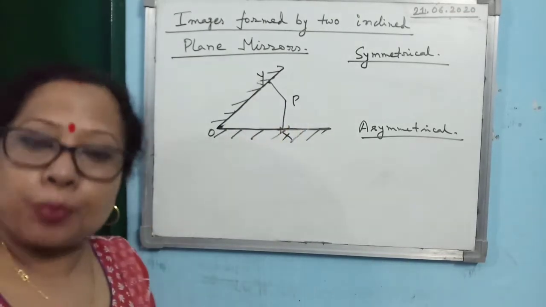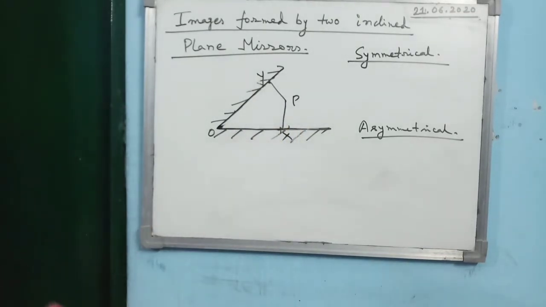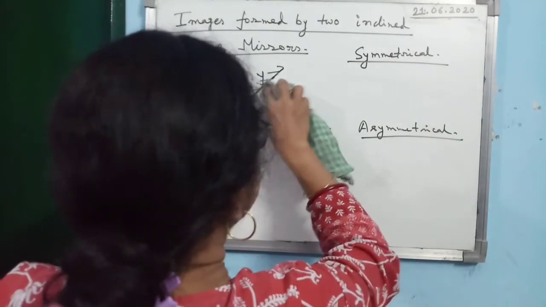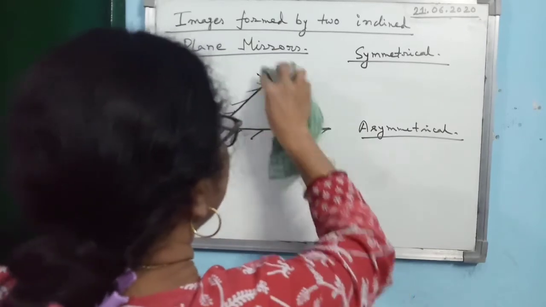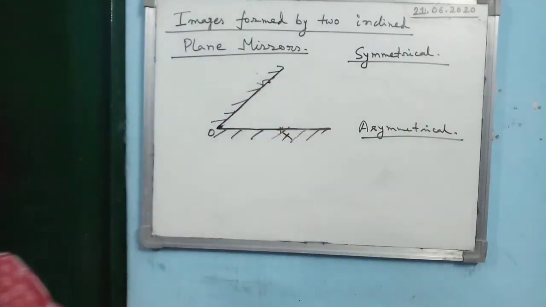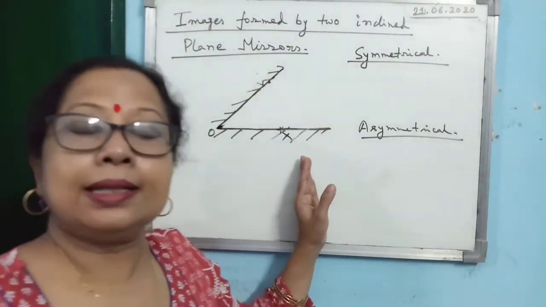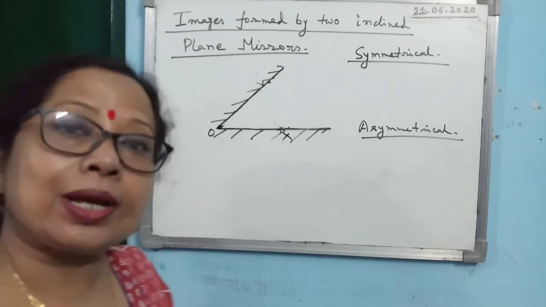And how is a symmetrical setup possible? You take the point on the angle bisector. Where to keep the object? You keep the object on the angle bisector. Then it will be at equal distances from both the mirrors. That is known as symmetrical setup.